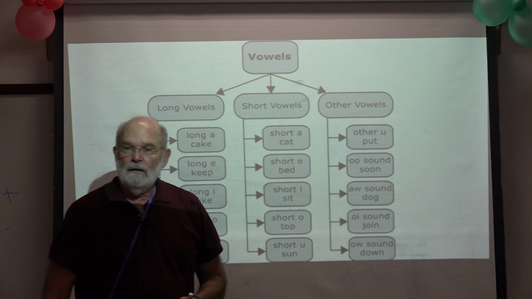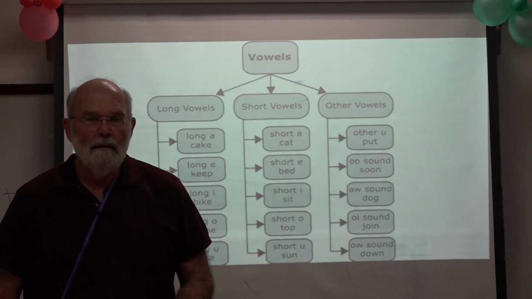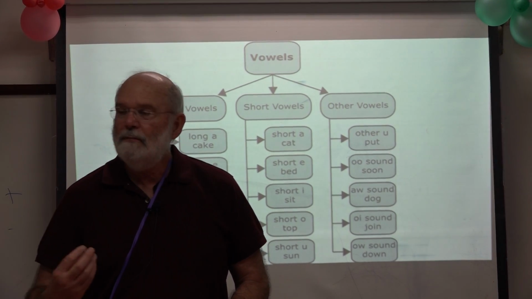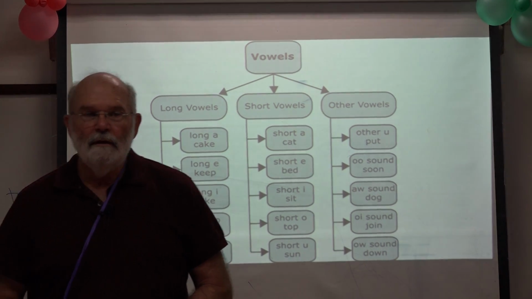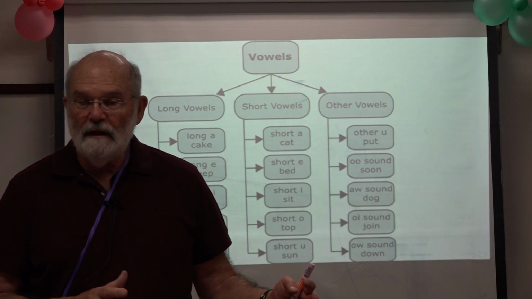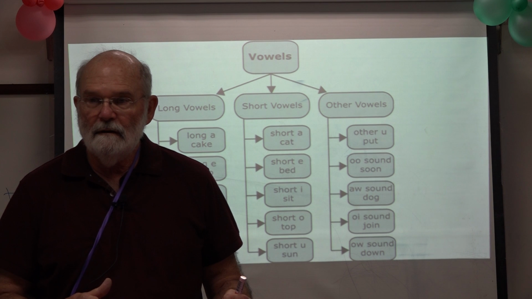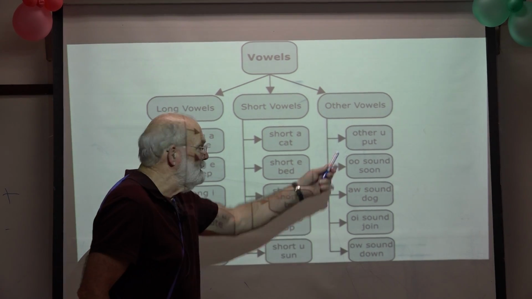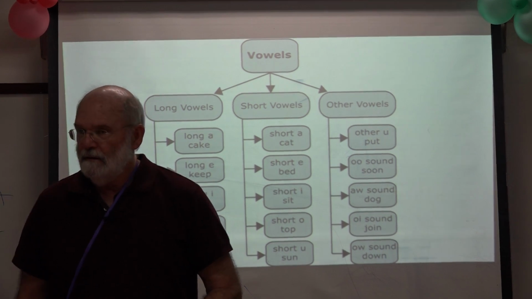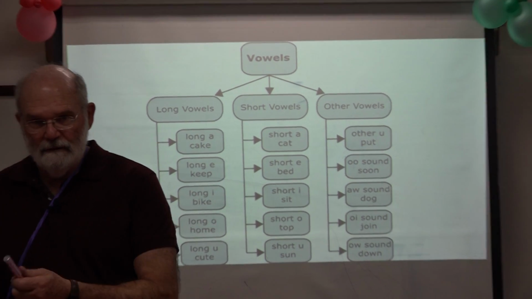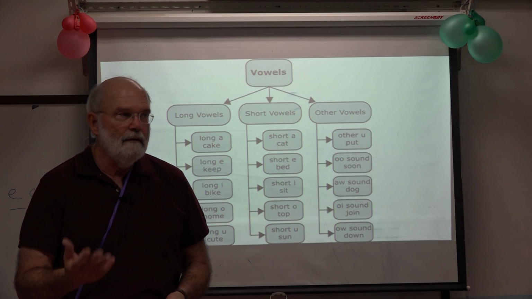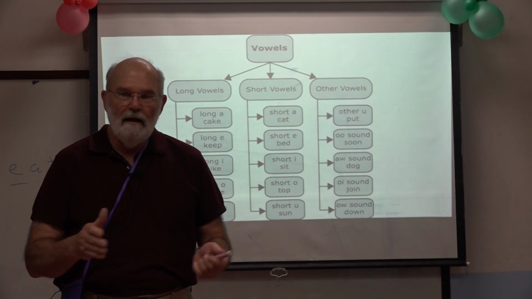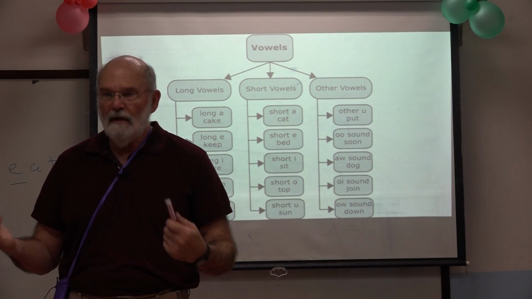It has another sound, as in put. So a U can be either a U sound, as in son, or a U sound, as in put. Different sounds. And again, the only way you learn how the vowel sounds is just through practice.